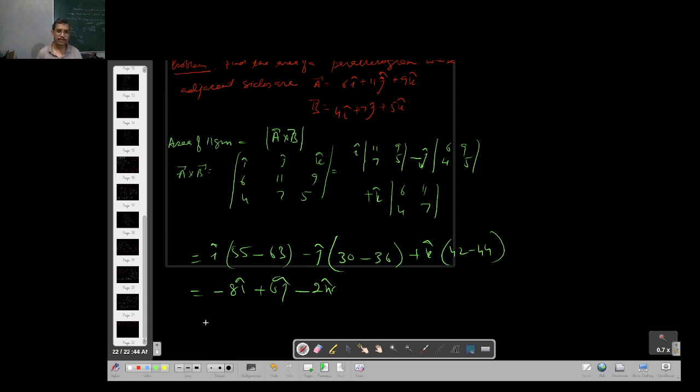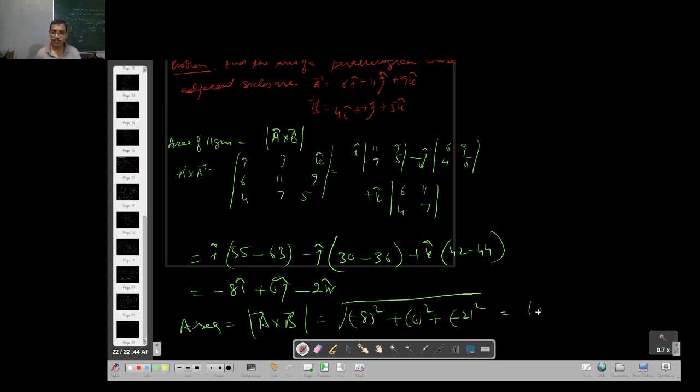Therefore the required area of the parallelogram is equal to the magnitude of A cross B, which is the square root of minus 8 squared plus 6 squared plus minus 2 squared. So it comes out to be the square root of 104, which is nearly equal to 10.198 square unit, right? So this is the answer which we are getting.